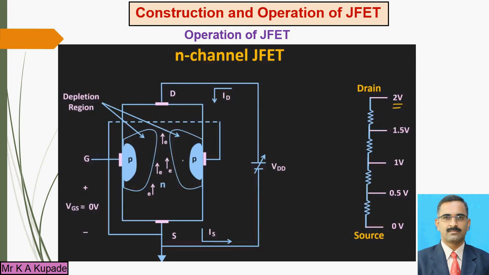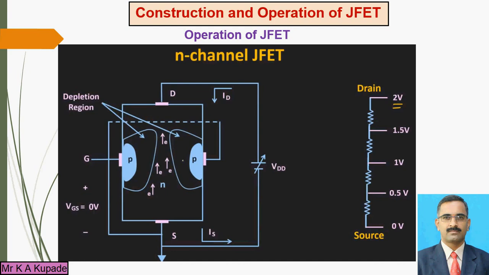That ohmic region increases, and that's why the bar has higher resistance there. Towards the source it has small resistance, but towards the drain it has large resistance.